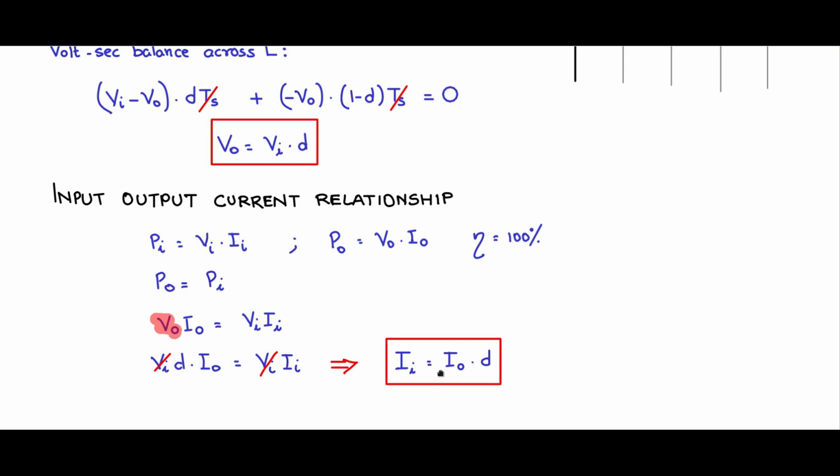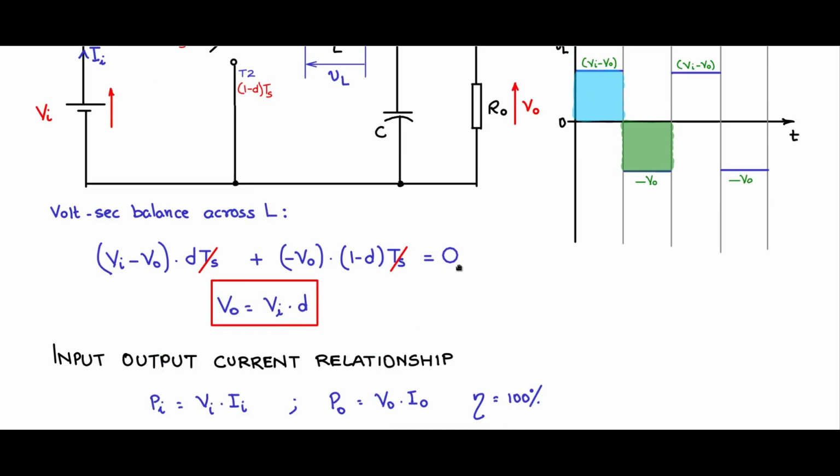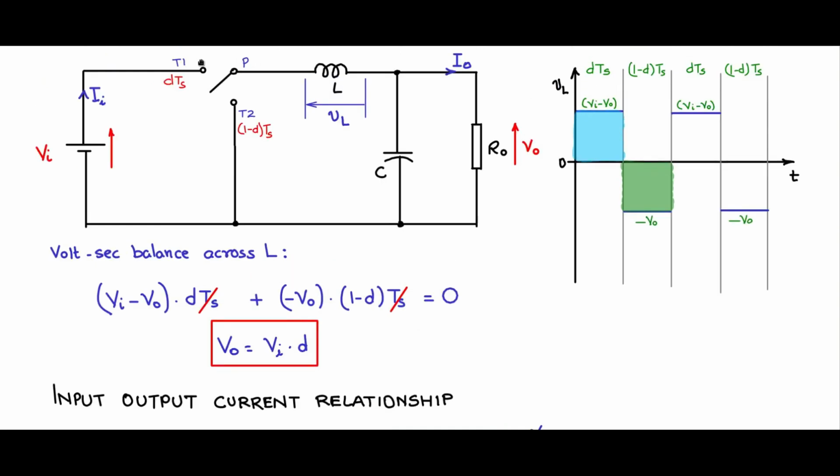You can get it through the capacitance's amp-second balance also, but that is sometime later, after we know what the current waveform through the capacitor is. But for now you can use the power balance relationship, knowing that there are no dissipative components. The switch is either off or on, no dissipation here, in the ideal sense.